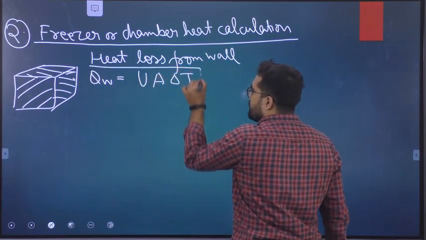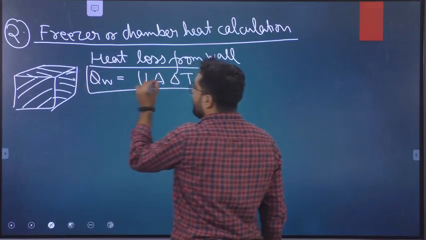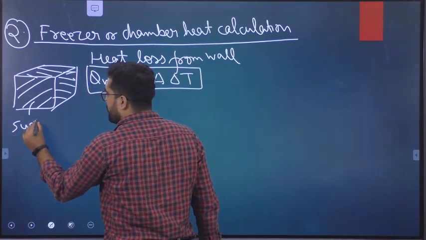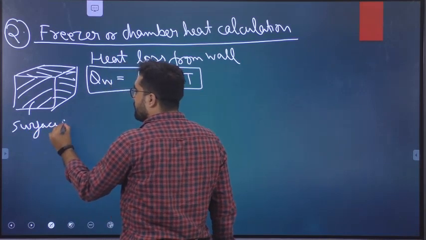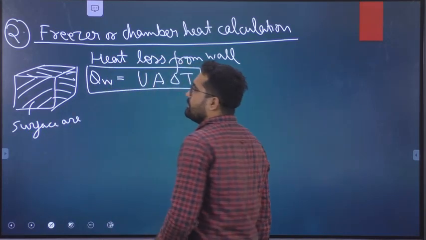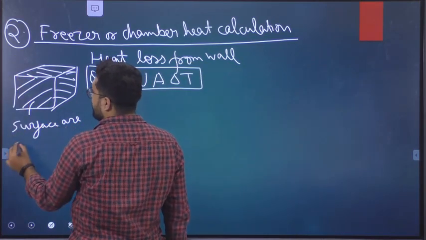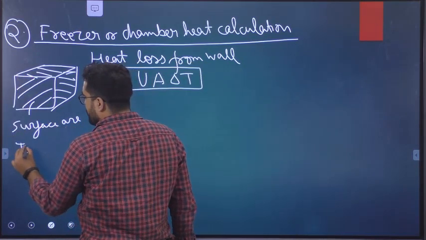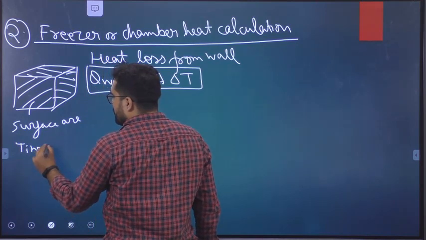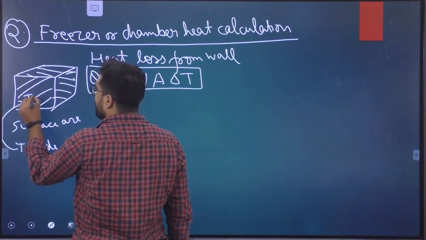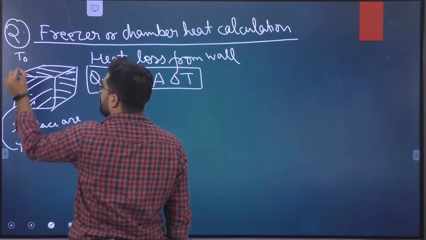where A is the area of the wall, the surface area of the wall. Delta T: inside temperature will be Ti and outside temperature will be To.